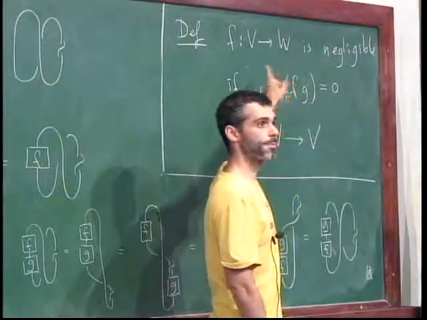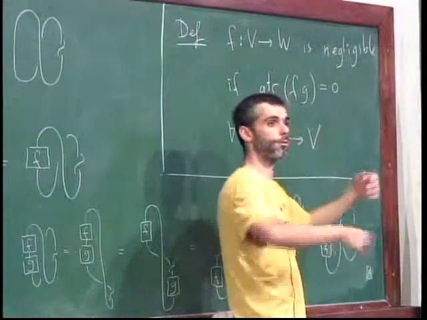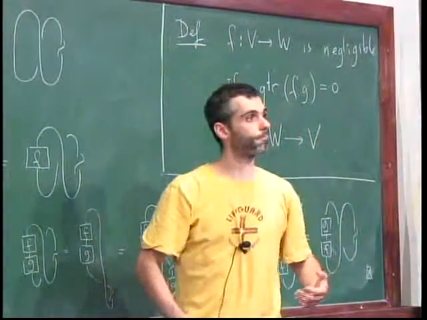The negligible morphisms are defined by this property of producing always 0 when you quantum trace them against something else.